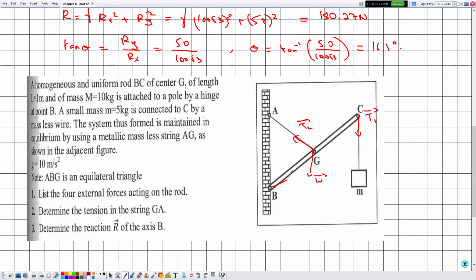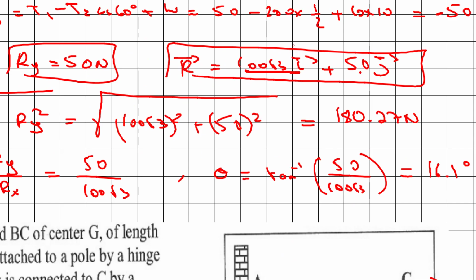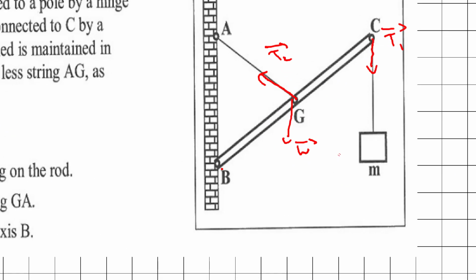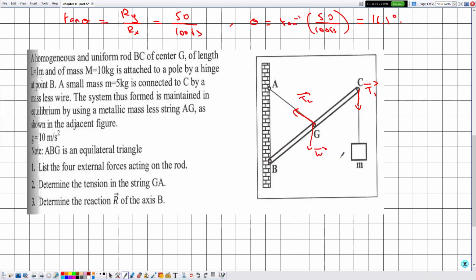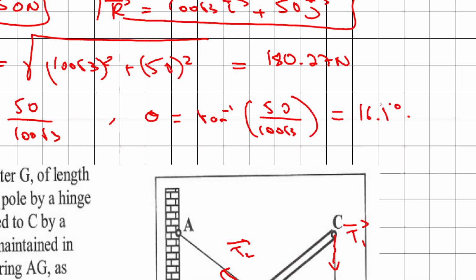And indeed, if you check, Rx is positive and Ry is positive, which means that if this is Rx positive and this is Ry positive, then the completion of this will be R, which is acting in this direction, which means it is correct. Okay, so what does this angle theta represent?